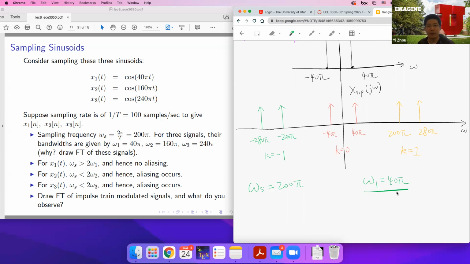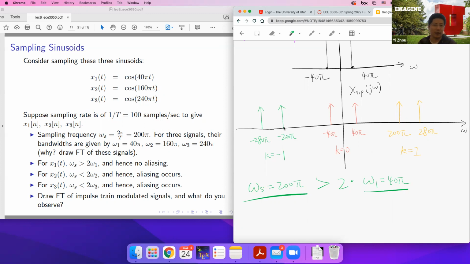So this is the bandwidth, this is the sampling rate. The Nyquist criterion compares the sampling rate with 2 times the bandwidth. Now you can easily see that omega s is greater than 2 times the bandwidth, which is 80 pi. And therefore, you can conclude that in the spectrum of the sample signal, there's no aliasing.